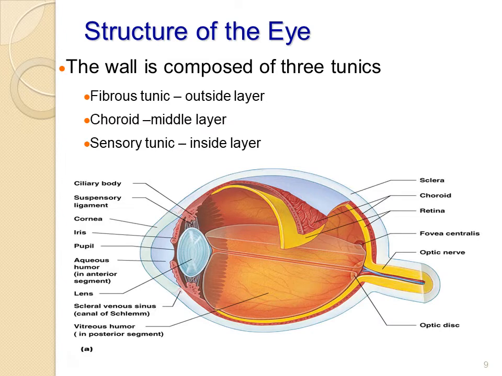Also in this picture we can see the lens, the cornea, iris, pupil, sclera, and choroid. These are the different parts of the eye in the general eye structure.